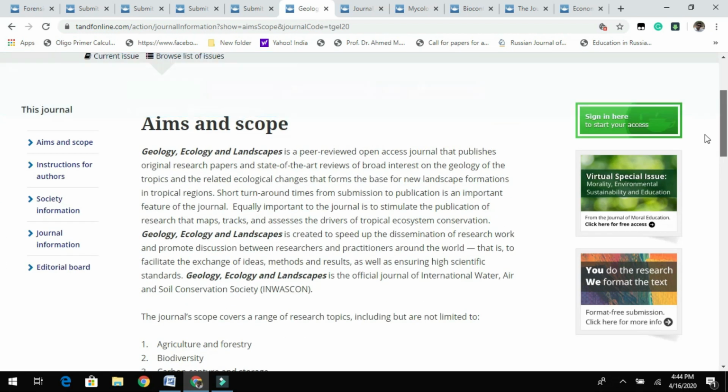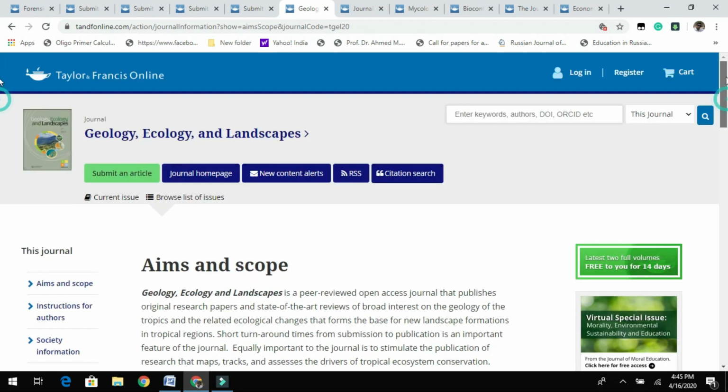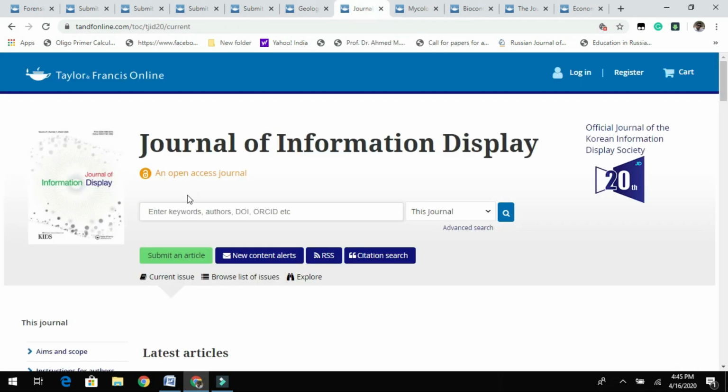So guys, if you feel that your research data is suitable for this journal, please do read the instructions and submit your research article. So next in the list is Journal of Information Display.